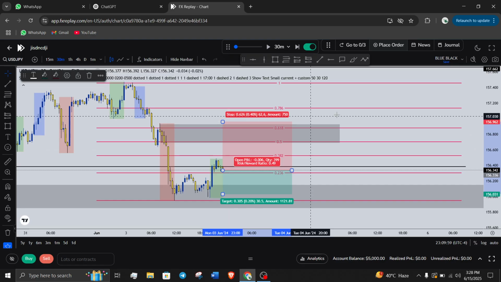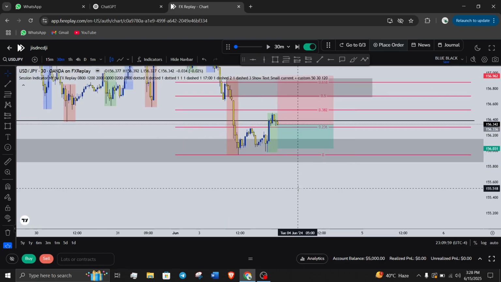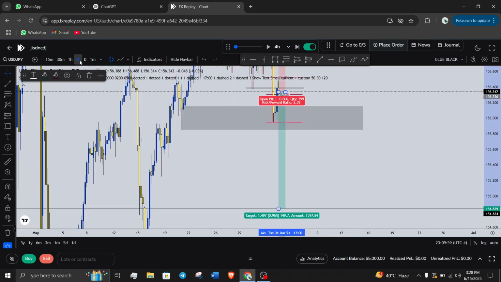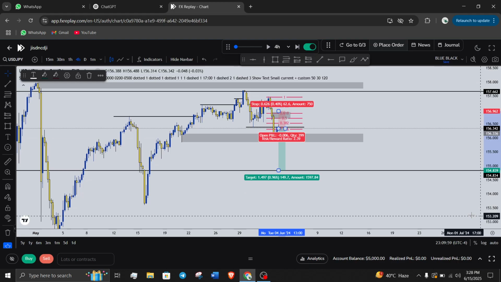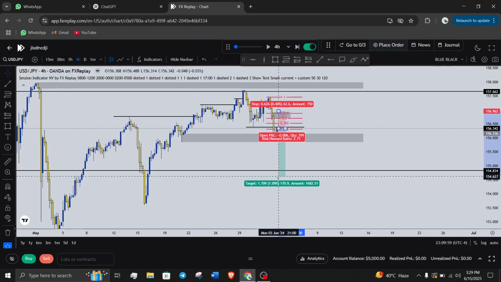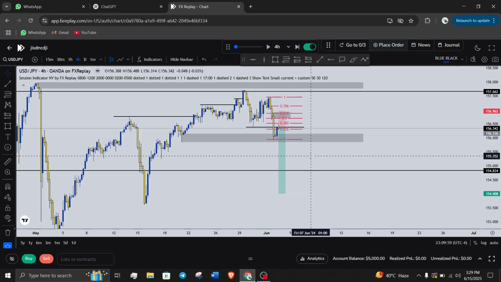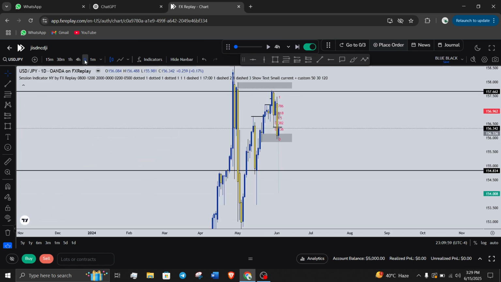Our stop loss is about 62 now instead of 87. And we will just extend it towards the zone of the 4 hours, maybe below that. You see daily, this is the daily wick, I guess.